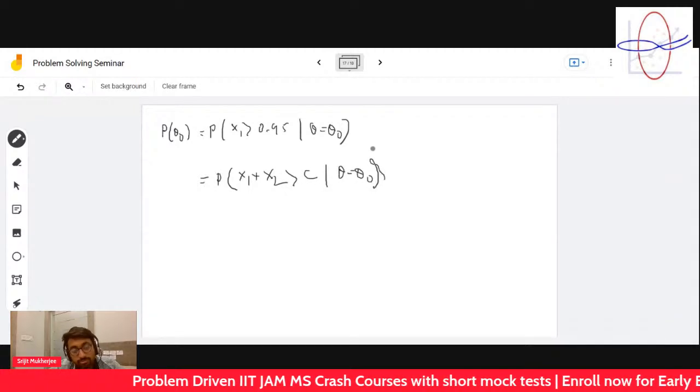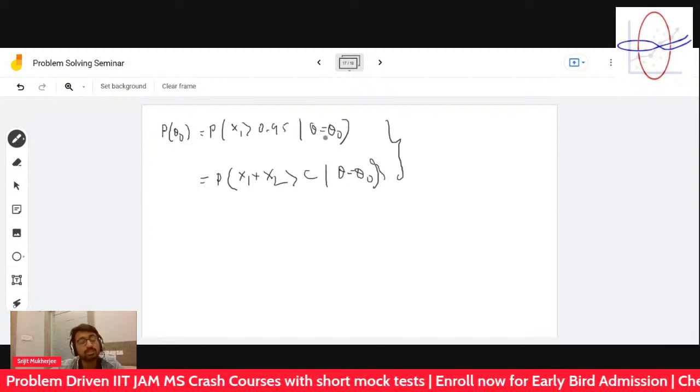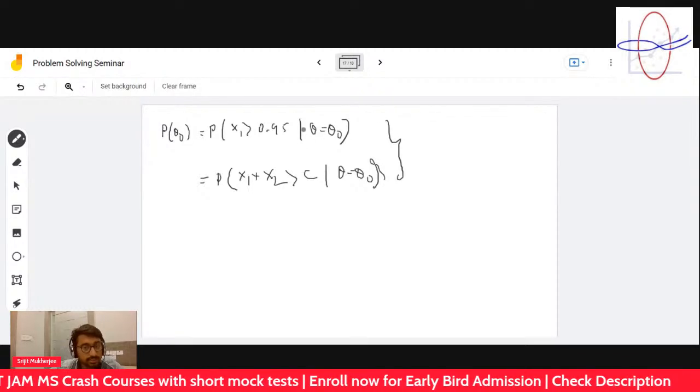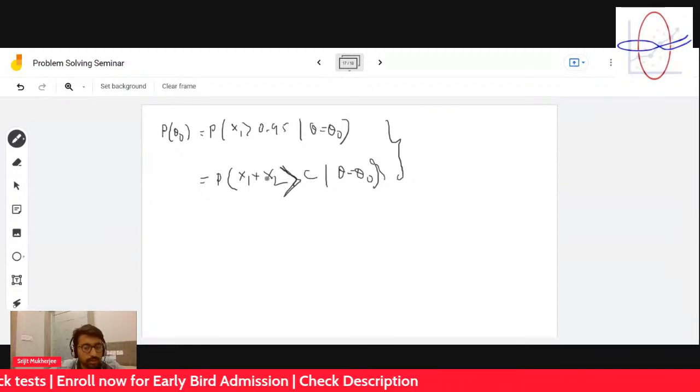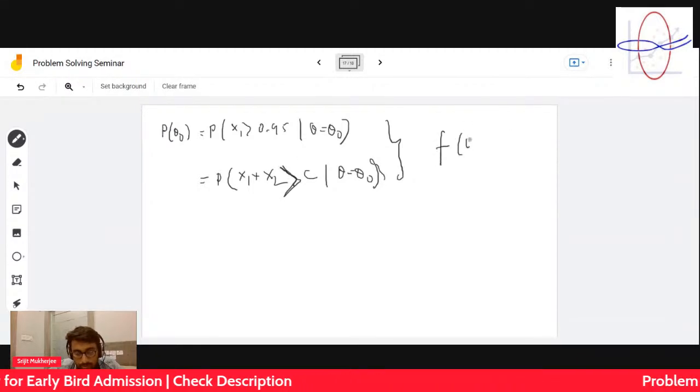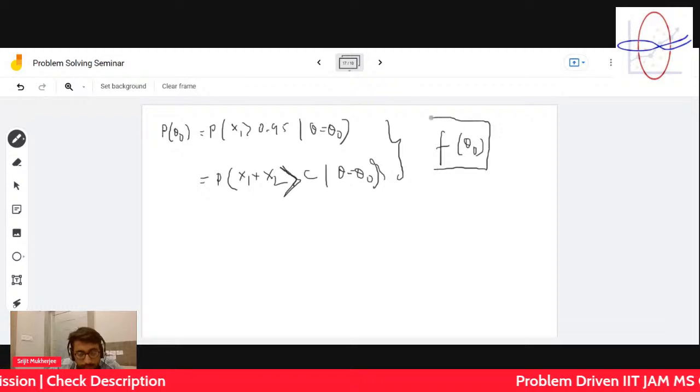In this case, you find these two values given theta is equal to theta naught, remember. And this will be a function of theta naught, and you plot that function.